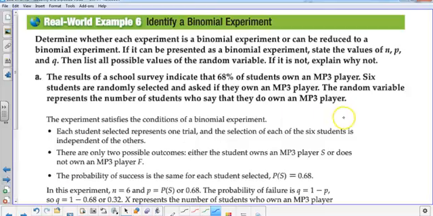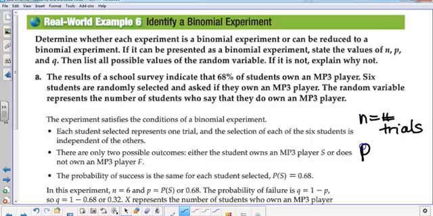That's not exactly what this question is asking. We'll get to some, but this question, please pay attention, because this is a theoretical question. Okay? It says, determine whether each experiment is a binomial experiment. If it can be a binomial experiment, state the value of n, which is number of trials. You might want to write that down somewhere.